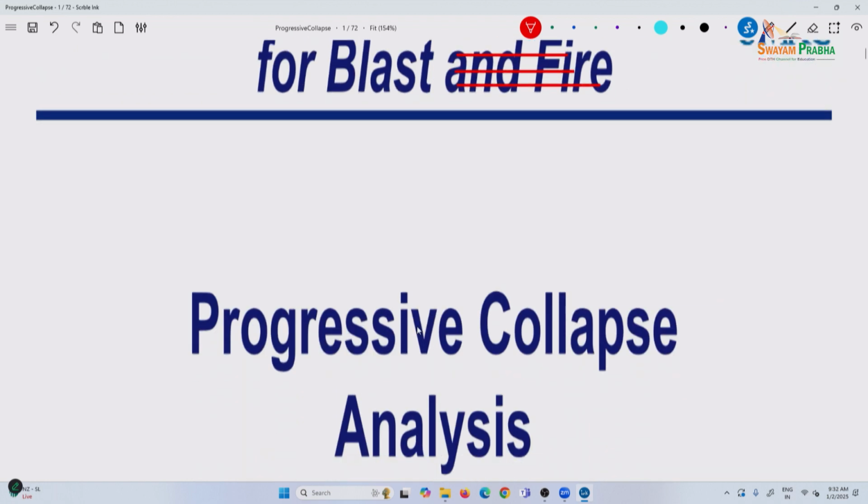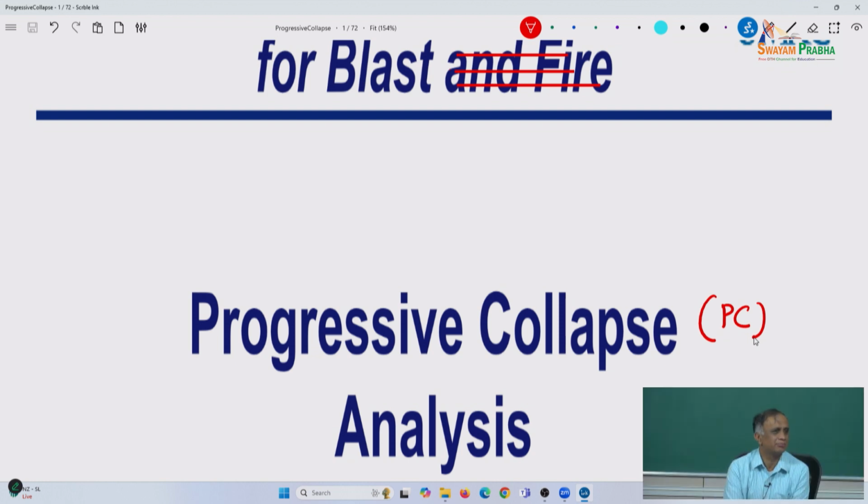But today we'll address a very different topic, but a very relevant topic in the blast design field, because a lot of engineers may not want to do any blast resistant design of buildings per se.